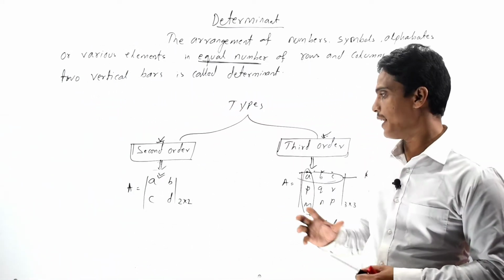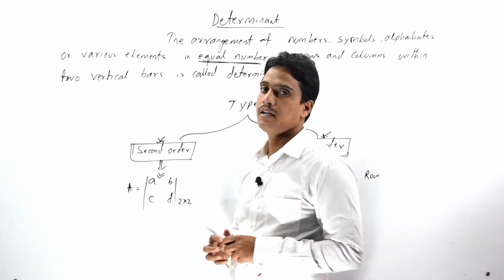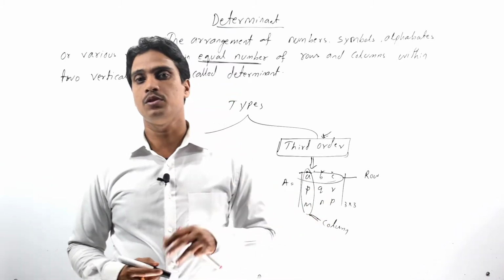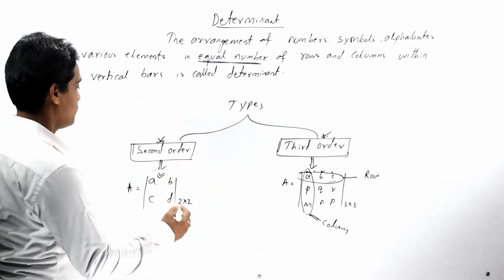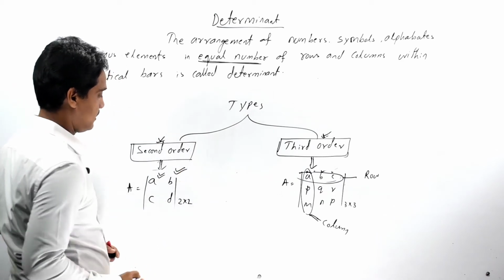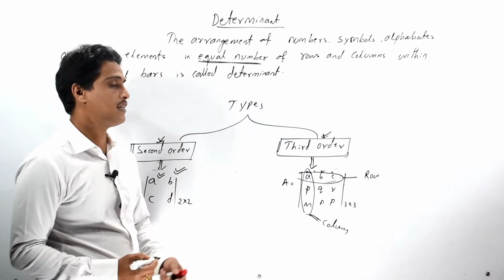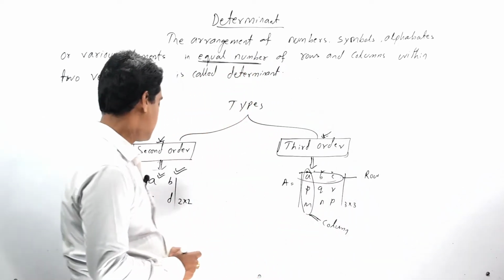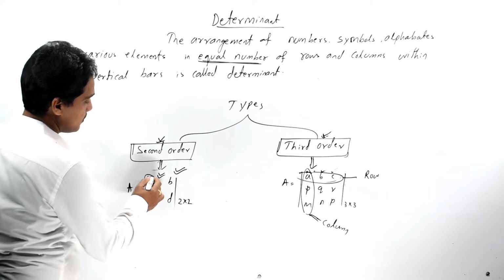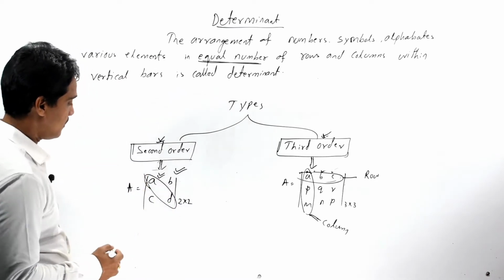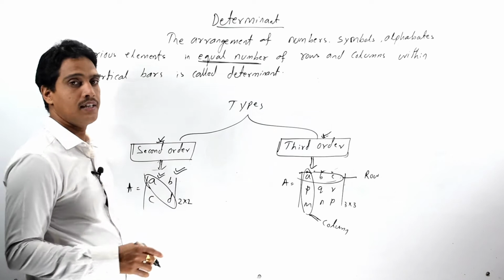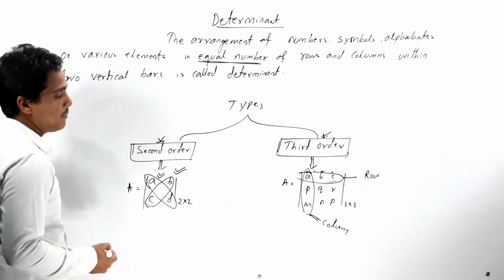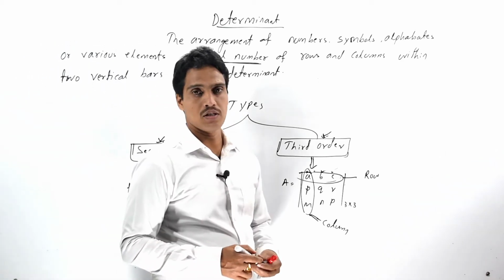In order to find the value of the determinant, we should follow different procedures. In the case of a second order determinant, the value of the determinant is obtained by multiplying the elements of the principal diagonal and deducting therefrom the product of the elements of the cross diagonal.